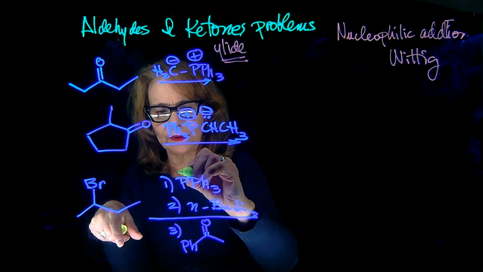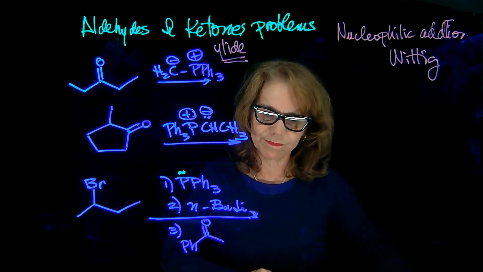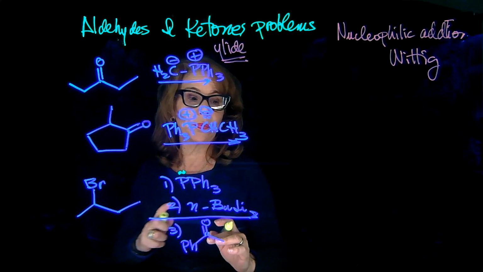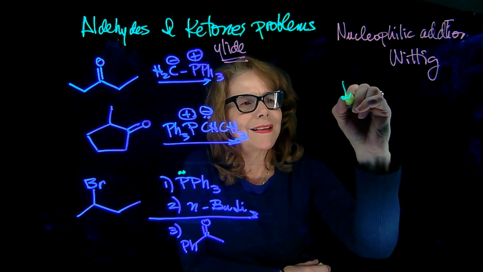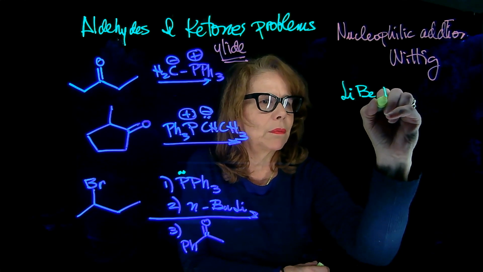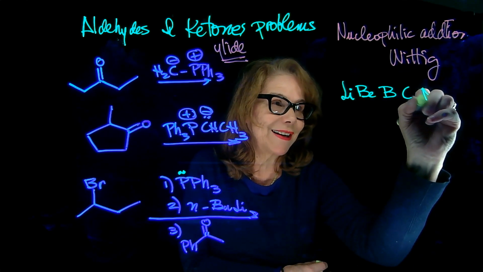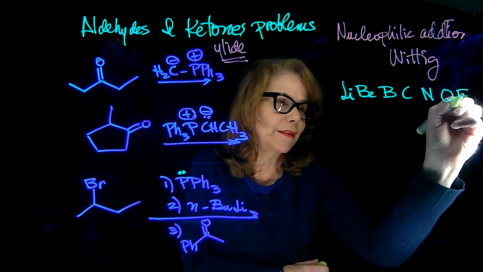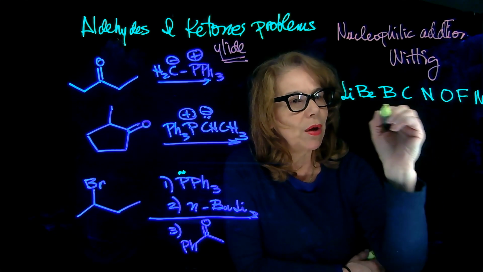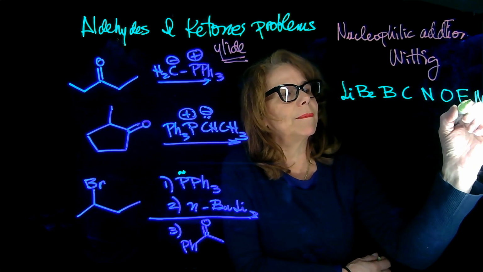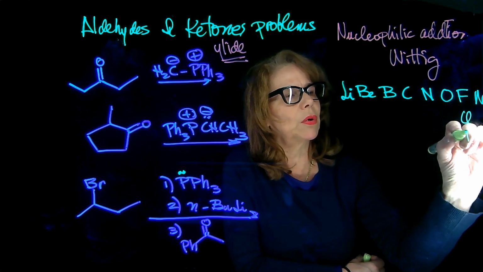Remember the periodic table: lithium, beryllium, boron, carbon, nitrogen, oxygen, fluorine, neon. Well, it's kind of squeezed, right? But right under here, fluorine, chlorine, bromine, iodine.